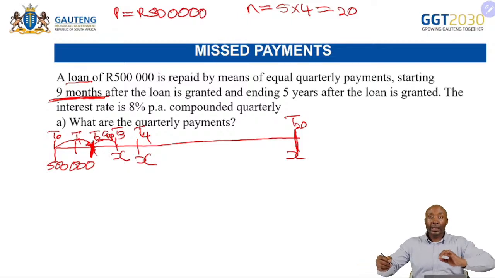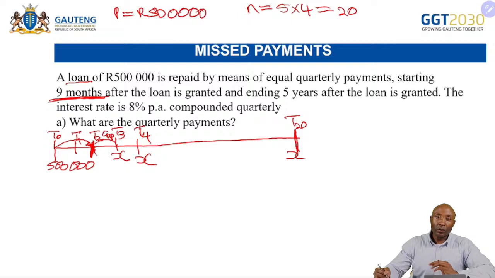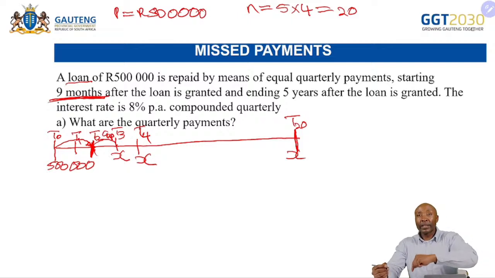So in this case, our gap should be equal to a quarter of a year, which is 3 months. So for the first 6 months, our loan is accruing interest. Then we calculate the final amount after 2 quarters, which is 6 months, and then we make our first payment after a quarter of a year, which is month number 9 in this case.